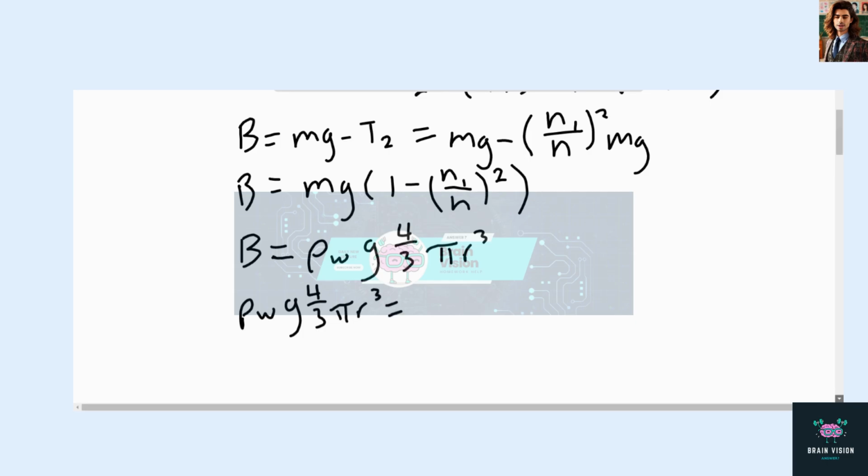That is equal to mg times 1 minus n1 over n, and then all of that is squared, and then close parenthesis. Now, we're trying to find a formula for r in terms of n and nothing else.